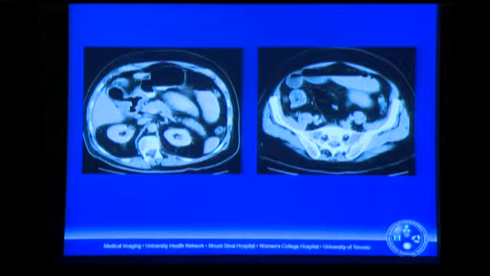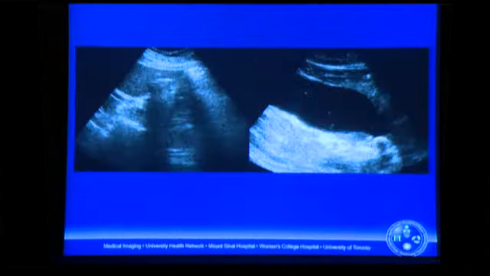Here's another more typical example of gallstone ileus where we see gas in the gallbladder lumen and the offending gallstones in the more distal ileum causing the bowel dilation that's evident on these images. And here's another case.